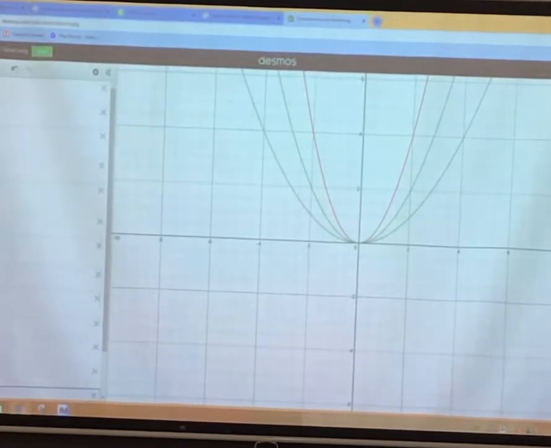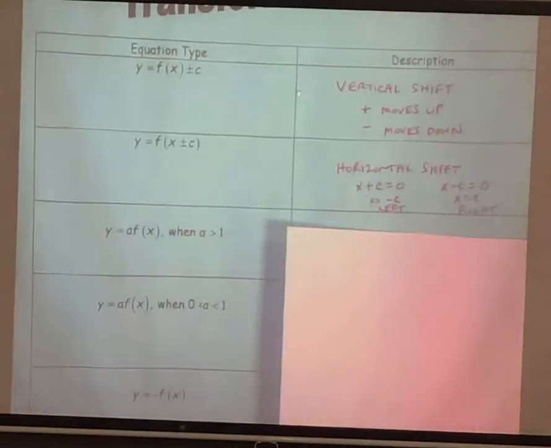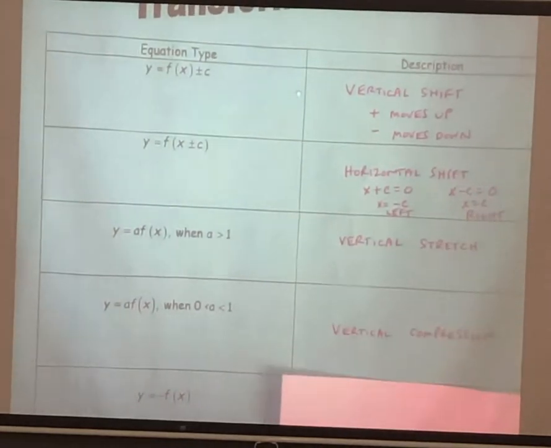So for a rule, when we have a value in front that's bigger than 1, we say that that is a vertical stretch. And if it's less than 1 or bigger than 0, we say it's a vertical compression.